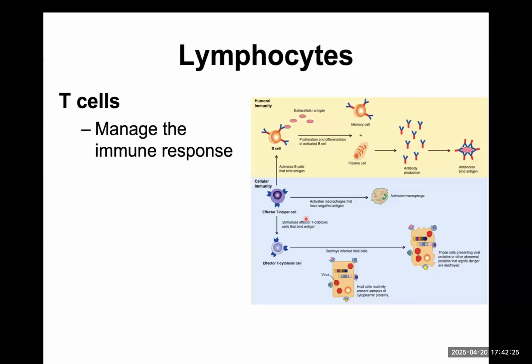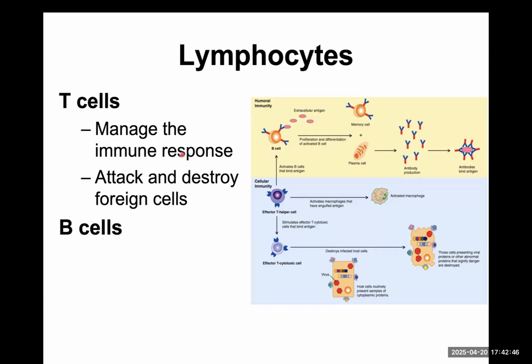And then they will go to your lymph nodes, and they sit there like a guard station. They might head over to your spleen, or they just hang out and wait until you get a signal saying something is attacking your body, and then they go out and try to fight it. So they manage the immune response. They attack and destroy the foreign cells.